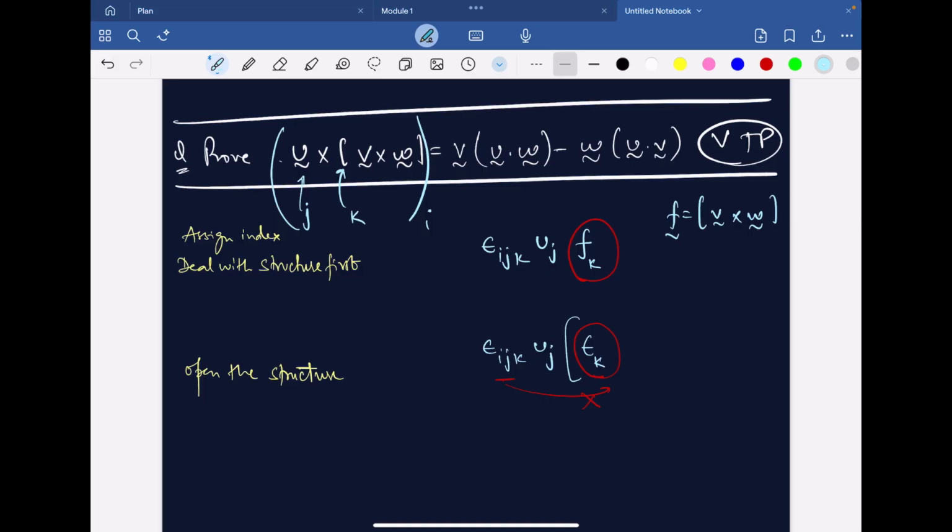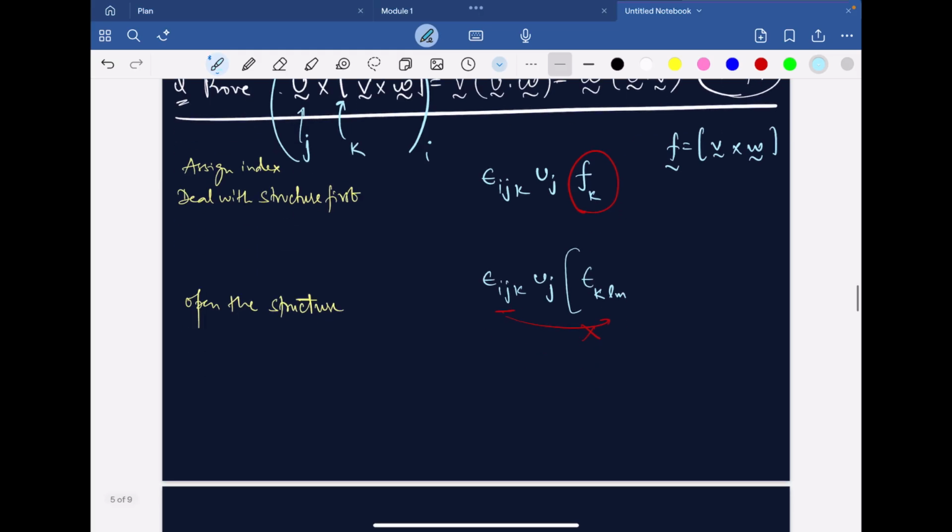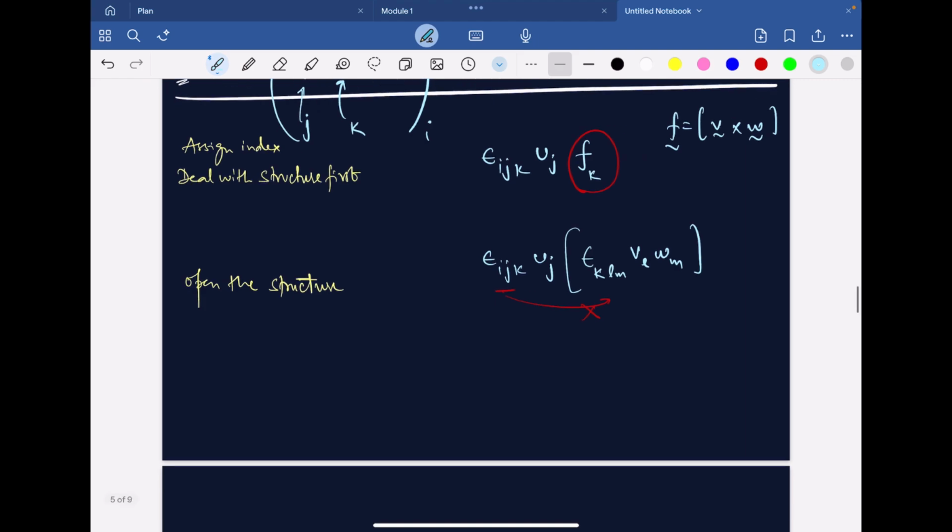Okay, so let's not do the repetition of i and j. So let's say k, l, m. There are many alphabets at our disposal, so this becomes v, l, w, m. Okay, this is the correct way of doing it.